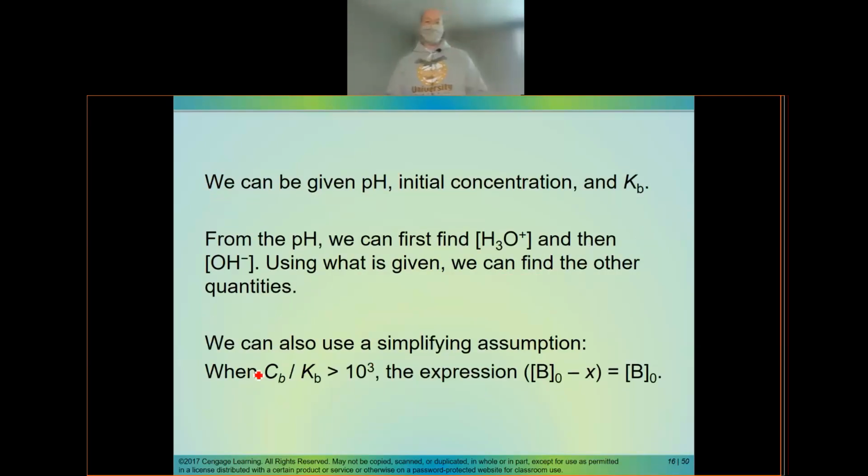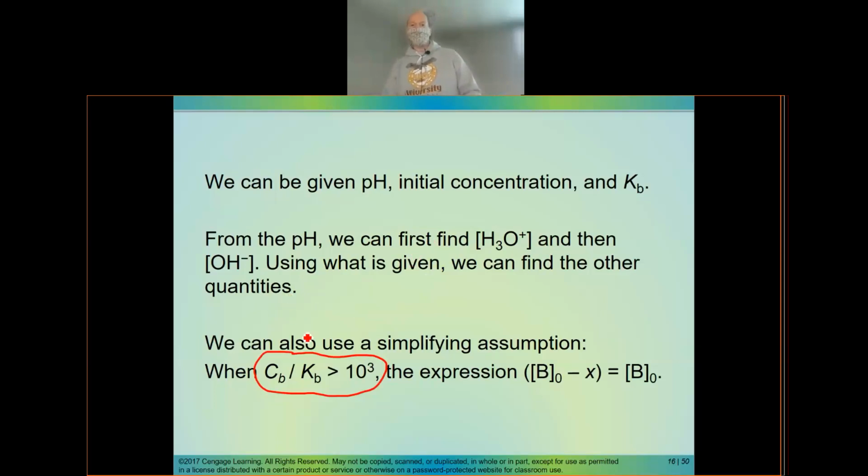All right, and so here is the correct answer for figuring out if you can drop your successive approximations and just use the first one and go with it. If your initial concentration, acid or base, divided by your Ka if it's an acid, Kb if it's a base, is greater than 1,000, then you can neglect your X and you do not have to check it by successive approximations.